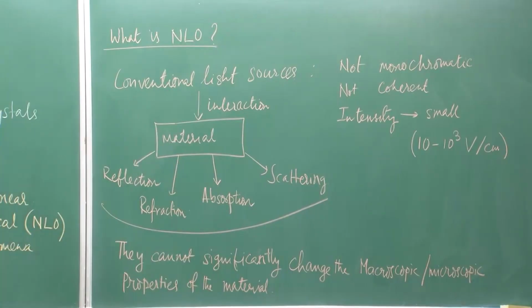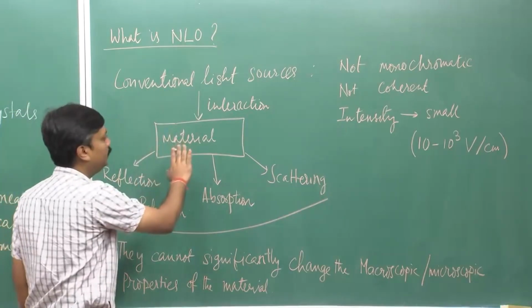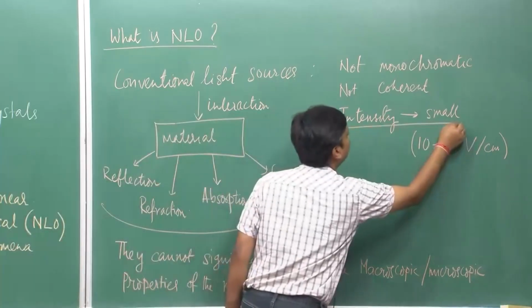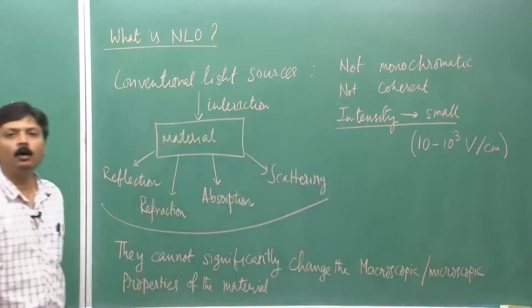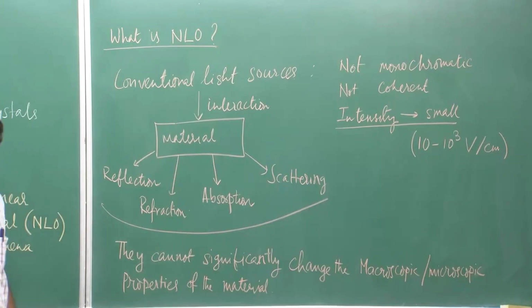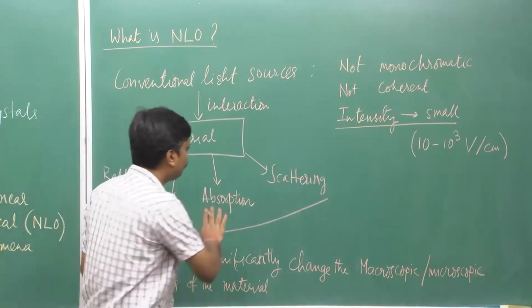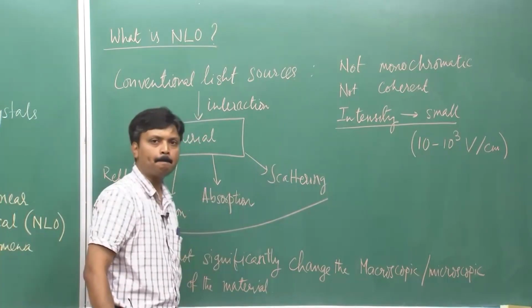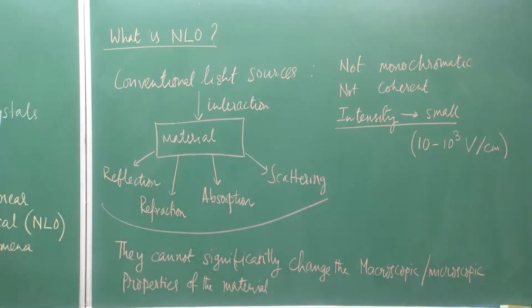Fine. This is true for conventional light sources, which have a very small intensity, in the order of 10 to 1000 volt per centimeter.